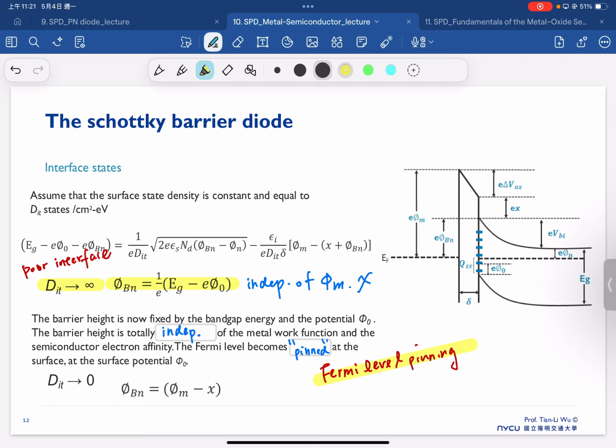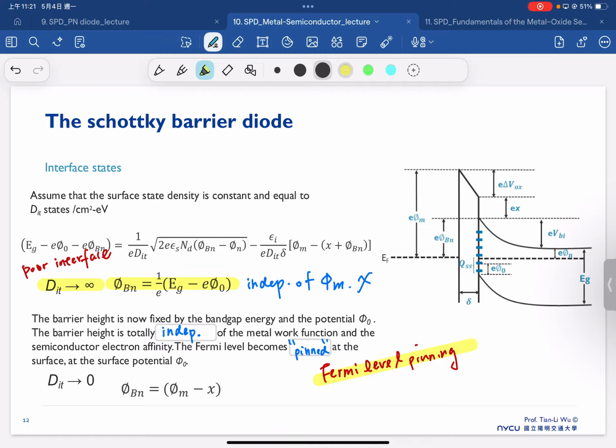We will use those exotic semiconductor materials that always have a very poor interface, and that will cause a very poor ohmic contact, and one of the main reasons is this Fermi level pinning effect here.